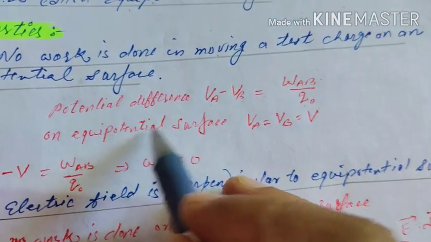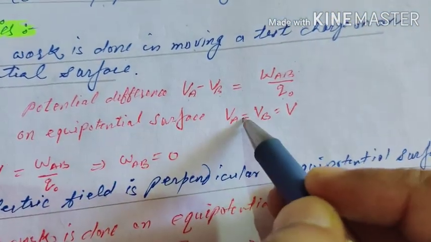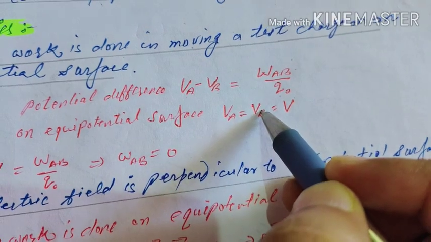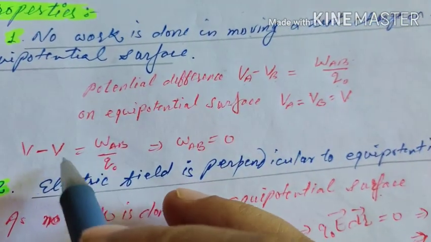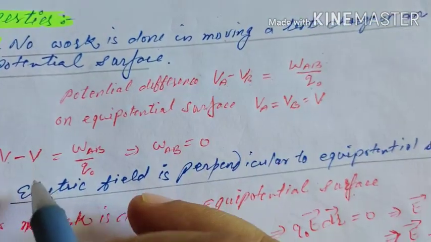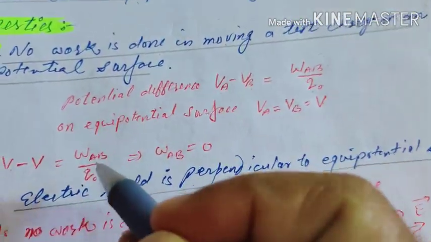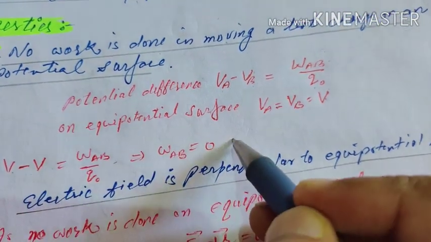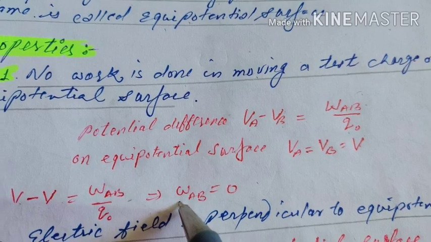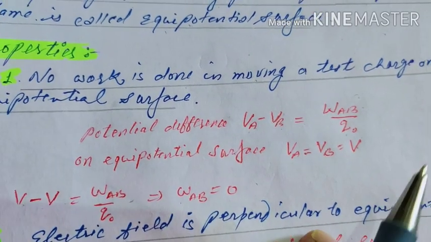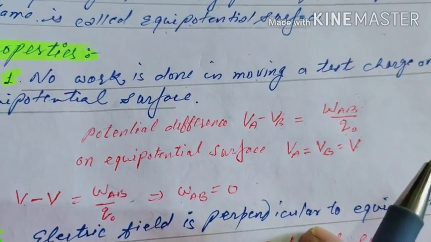But as the surface is equipotential, potential at A is equal to potential at B, and let that be V. So VA is V, VB is V, and VB minus VA is work by charge, V minus V is 0. So you can directly say that work done is 0. In this way you can prove that no work is done in moving a test charge on an equipotential surface.